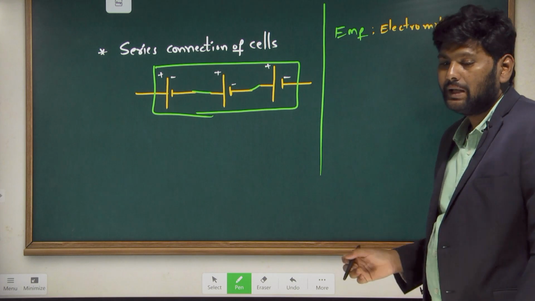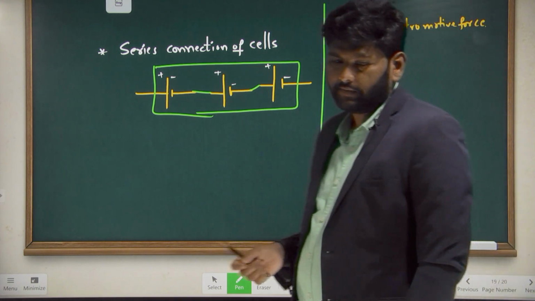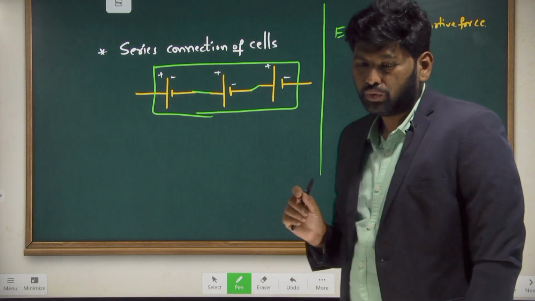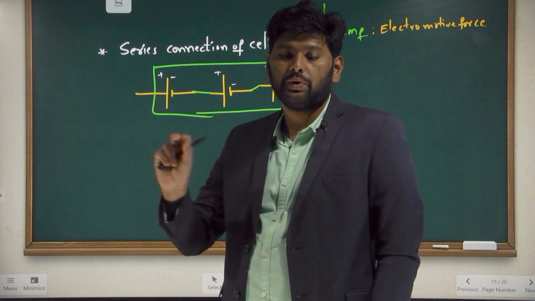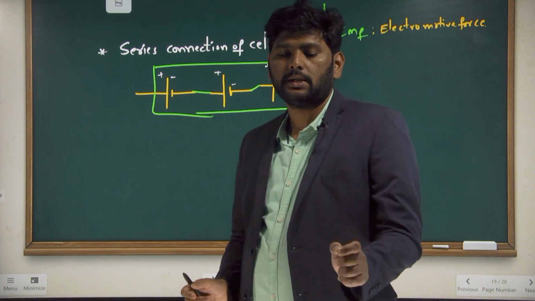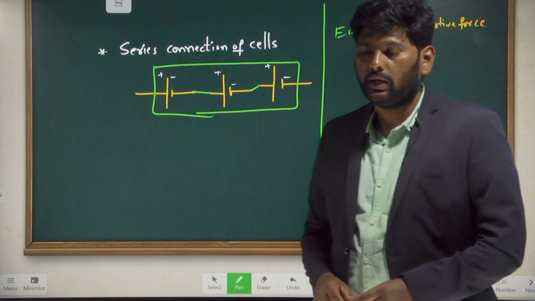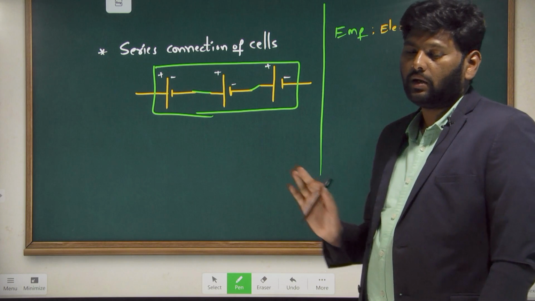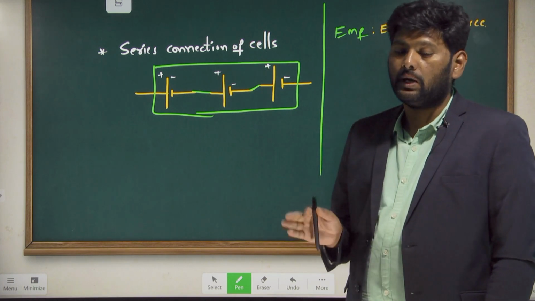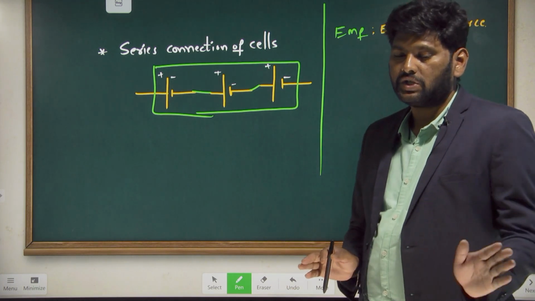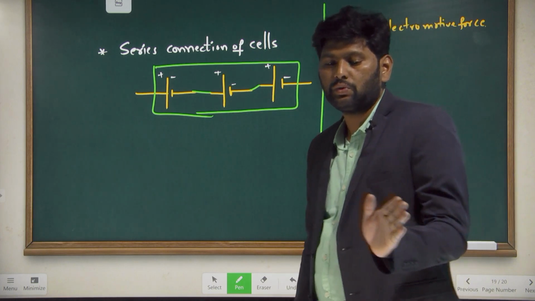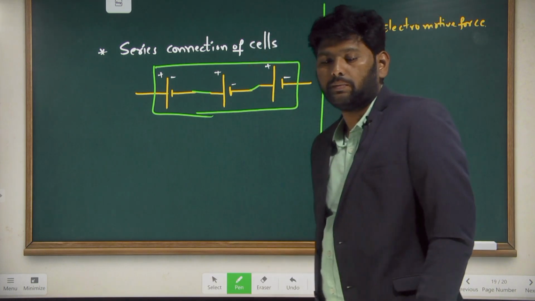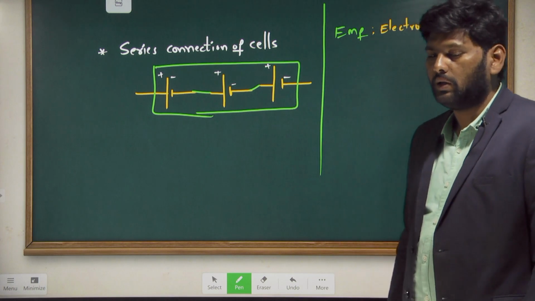Electromotive force is the work done on a charge to bring it from one position to another position. In the name we have a force, but it is not a force, it is the work done to move a charge from one position to another in the circuit. That is meant by the EMF.